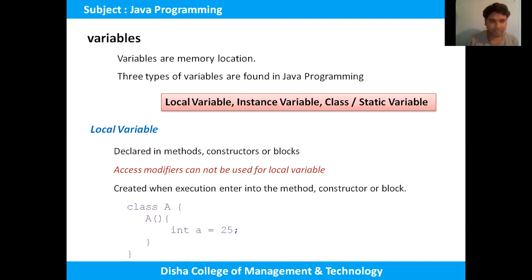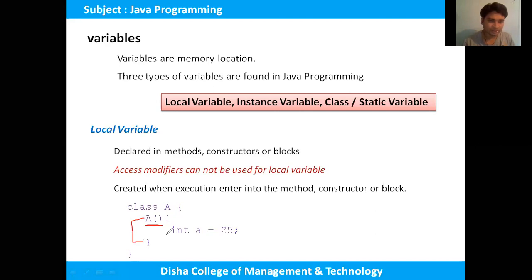So this is the syntax. This is class A. We'll discuss what a class is, what A is, and why it is written like this. Here A is a constructor. Inside this constructor, that means in the inner block of this constructor, we declare the variable int a equals 25. Such a variable is called a local variable.